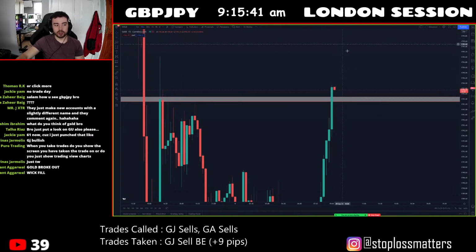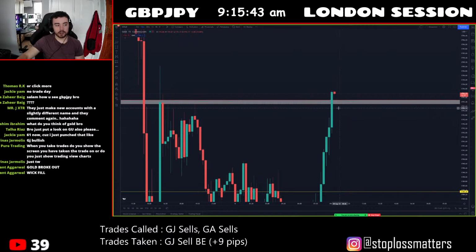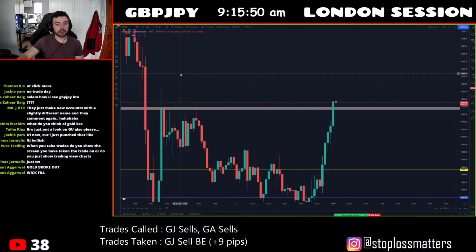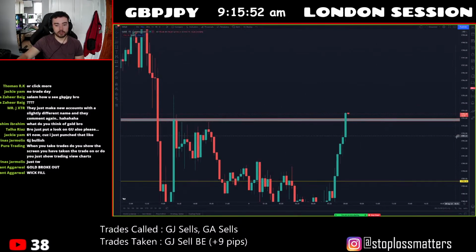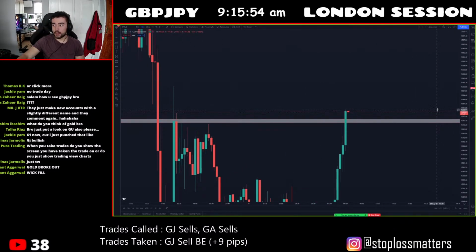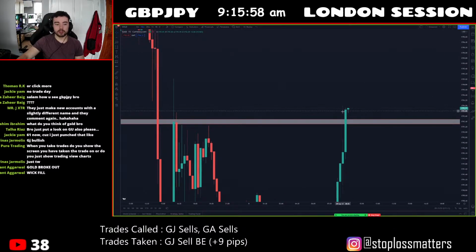If it just runs off straight away for me, that's not the trade. I need the lower wick. I need a nice lower wick to basically confirm we're leaving this zone. And if we do start continuing up, we've got a wick fill here, and then we've got continued. Oh, it's gonna go. It's gonna go. For me though, I need a bigger bottom wick over here. But it's gonna come off over here.